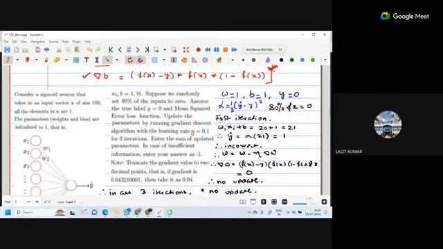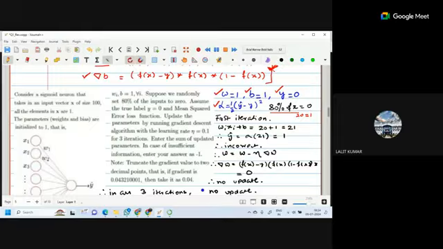Okay, so how to approach this problem? We know they have given W is equal to 1, B is equal to 1, and the true label y is equal to 0. They have also given the loss function as mean squared error, that is 1/2 (y hat minus y) squared. Now they have given that 80% of the x is 0 and the remaining 20 are 1.